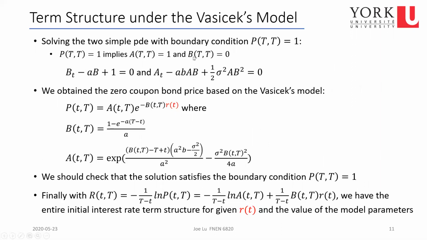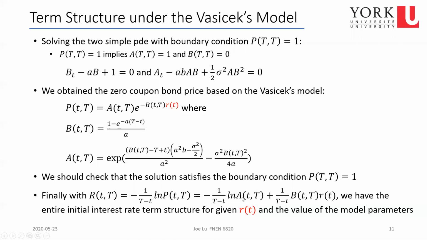So you know this boundary condition, and you have two partial differential equations, so solve them. You will then have a functional form for A and B, and therefore we know the exact functional form for P. Once we know that, we use this earlier condition here, and we will be able to derive the expression for the interest rate term structure R(t, T) for any T here.